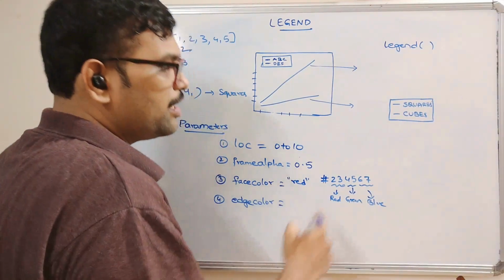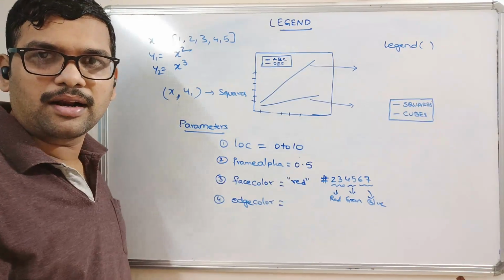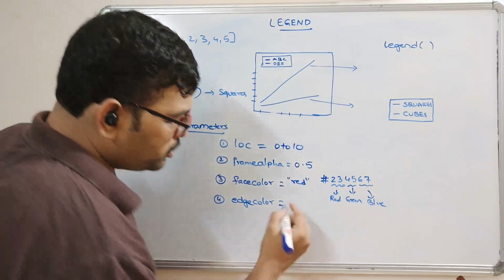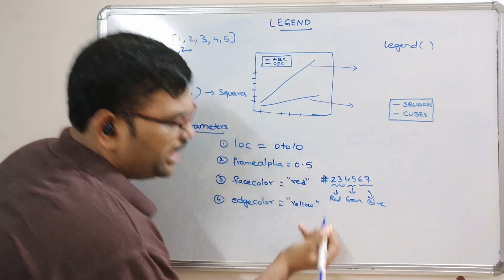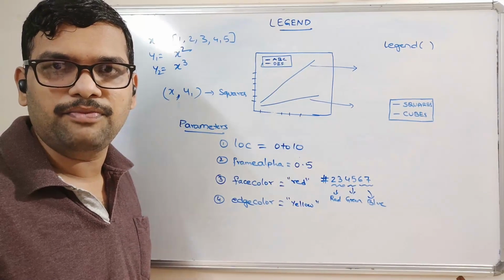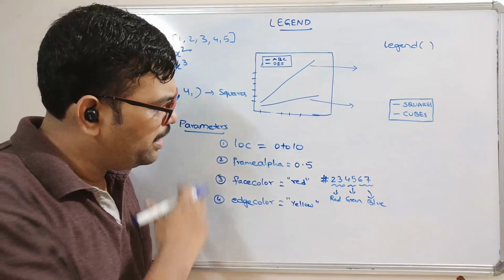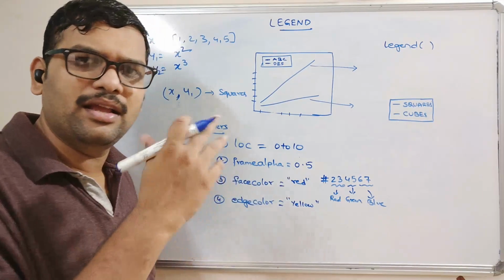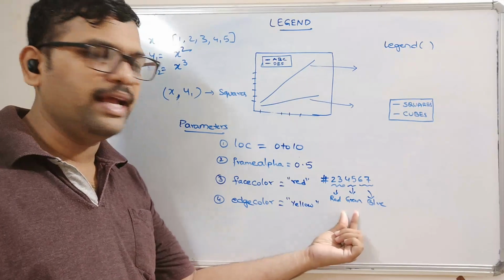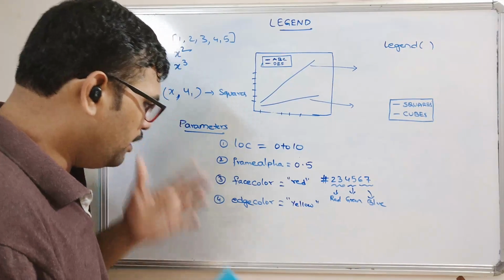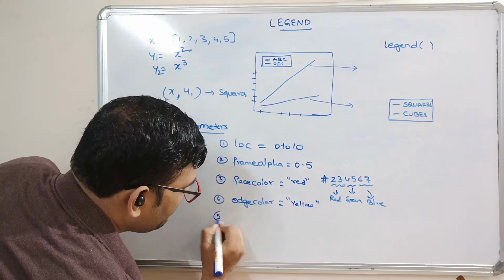Here the edge color is nothing but our border color, the frame color. Here also we can give the border color directly by using the name or by using the hexadecimal format. Any color can be represented using a name or hexadecimal format, right?